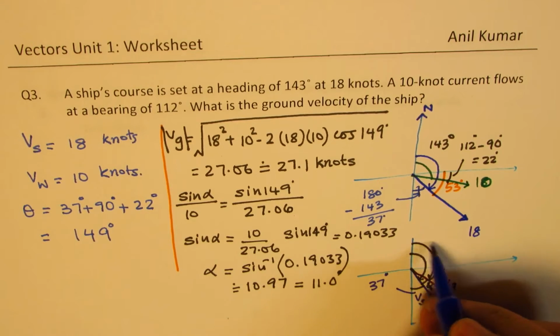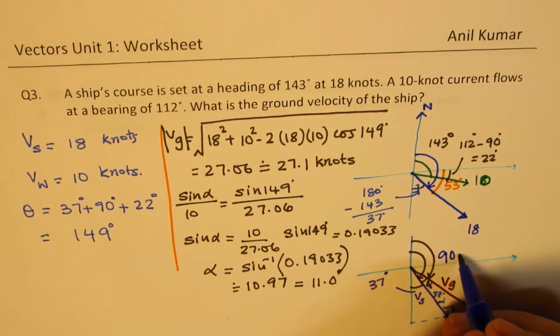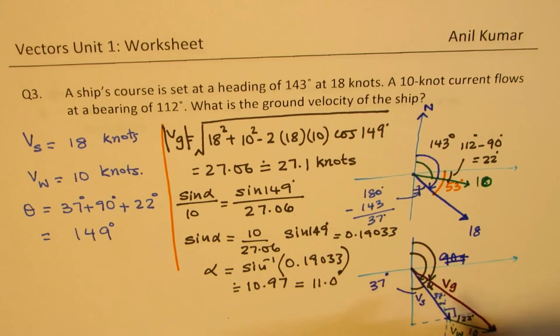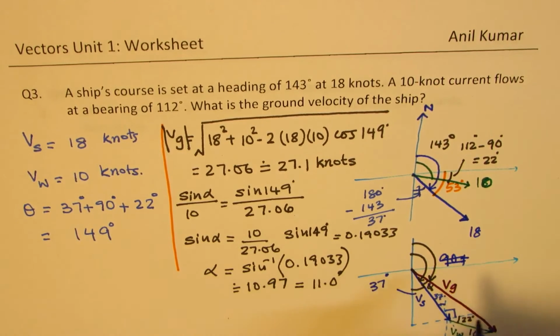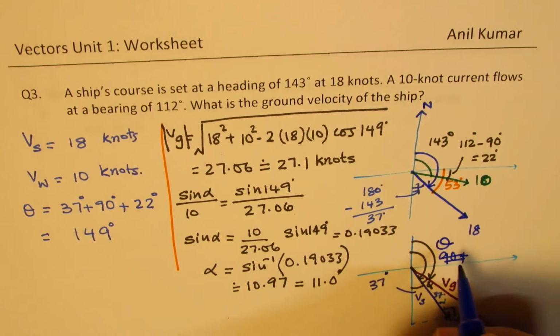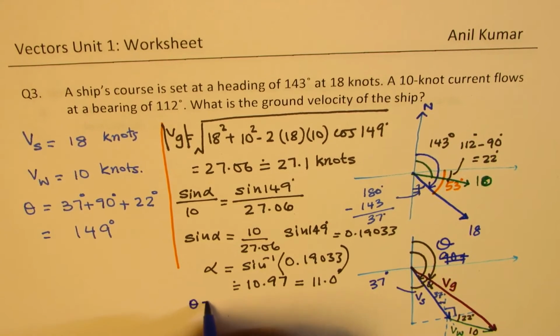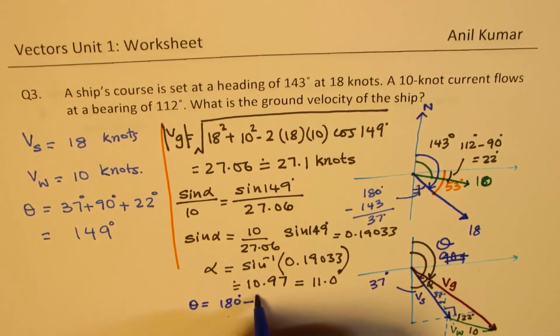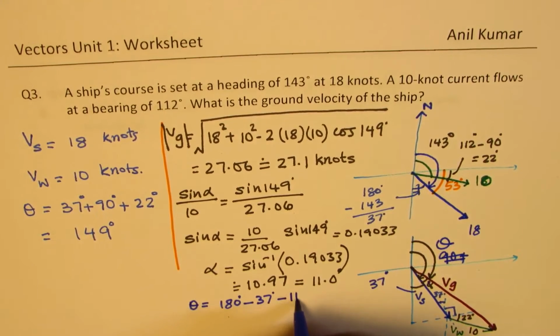So the angle which we're talking about is, it's better to write from 180 minus, right? So we'll do 180 minus these two. So the angle theta will be 180 degrees, take away 37, take away 11 degrees.